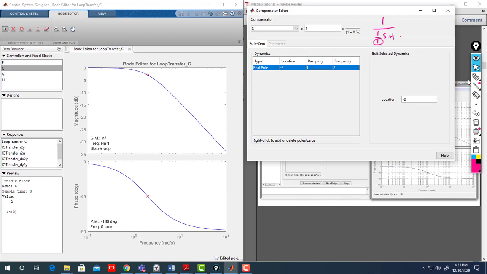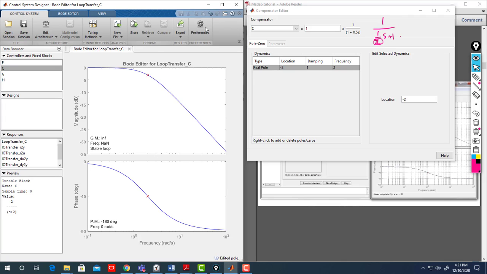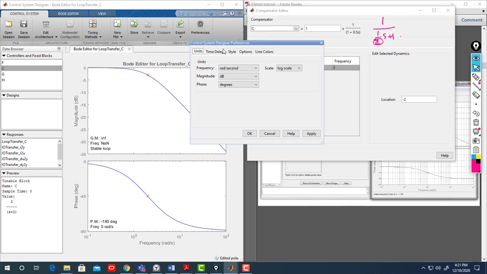So in this case, this will become 2, and then 1 over 2 is 0.5 s. Good. So that's basically how it is. Of course, one thing you can do, as I was explaining in the previous chapter, you go to the preferences, go to option, take this, and apply it.